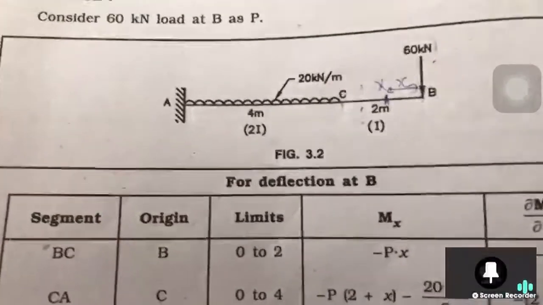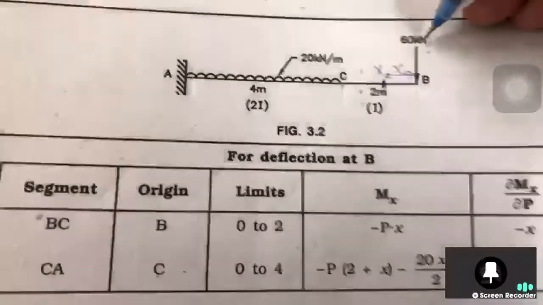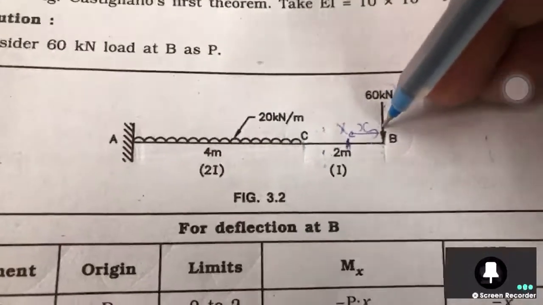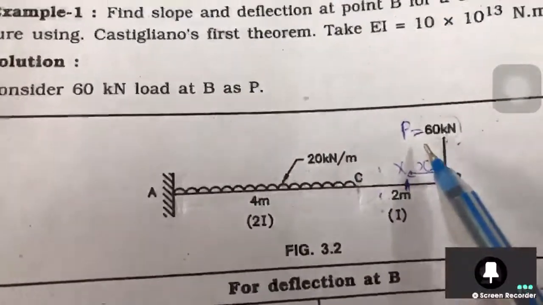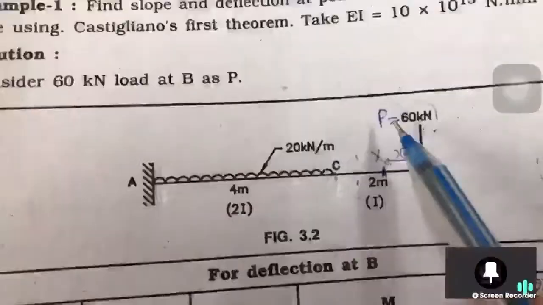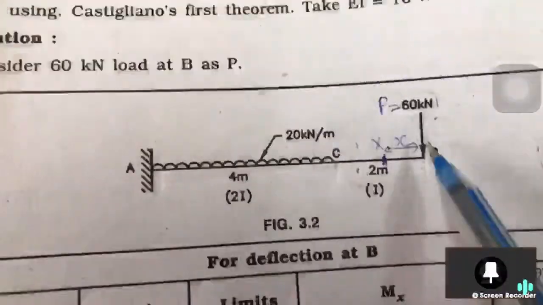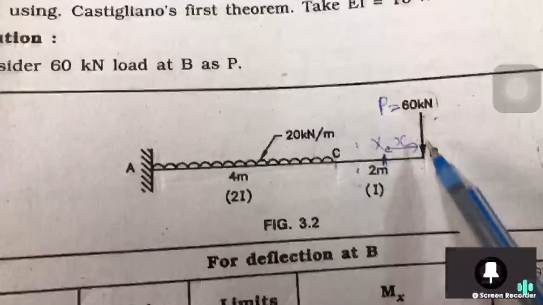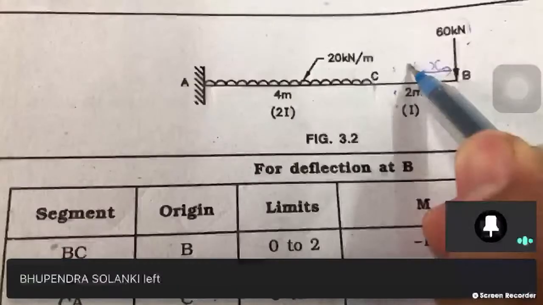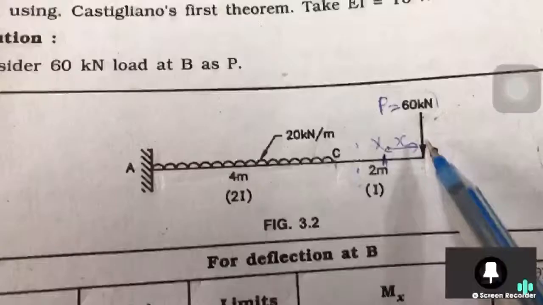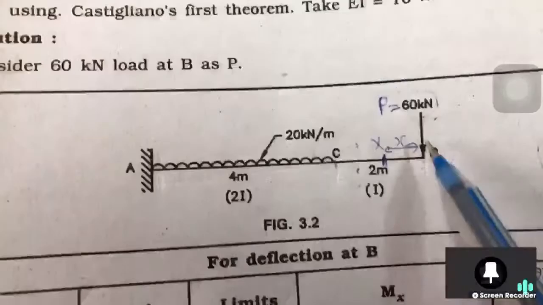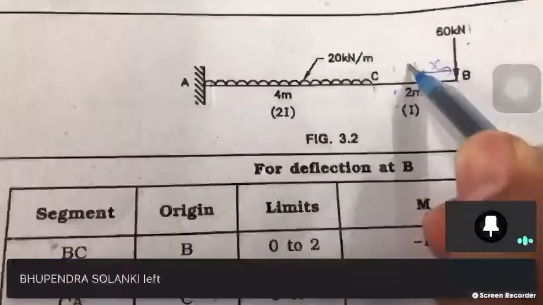Now here it is written P. Whenever you want to use the Castigliano theorem, the load at the free end of a cantilever beam should always be renamed as P. If the load is not given, then write P is equal to 0.